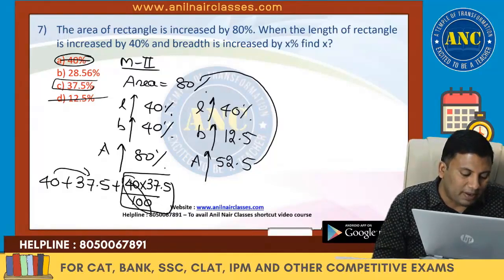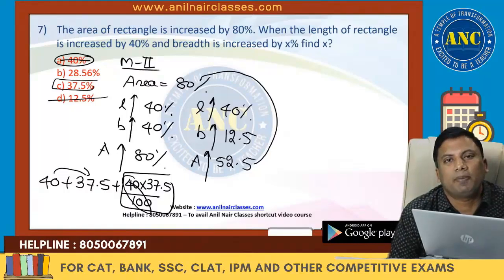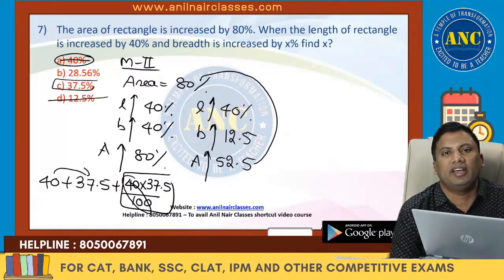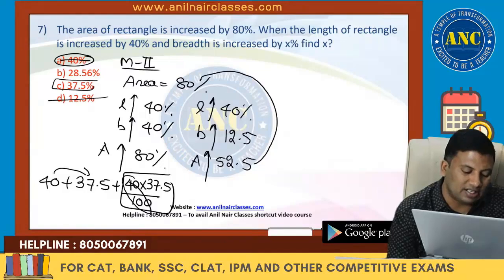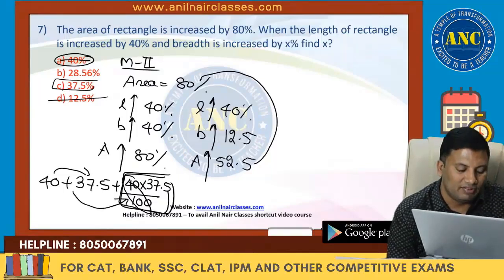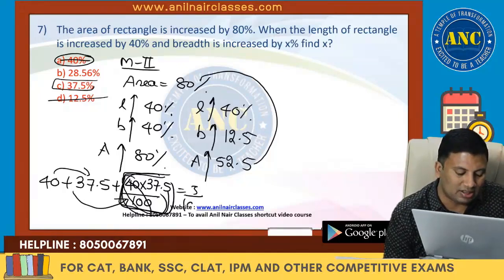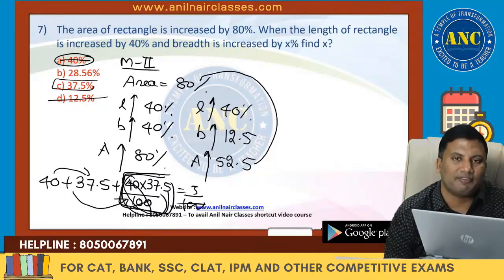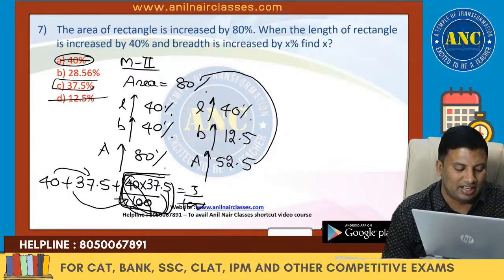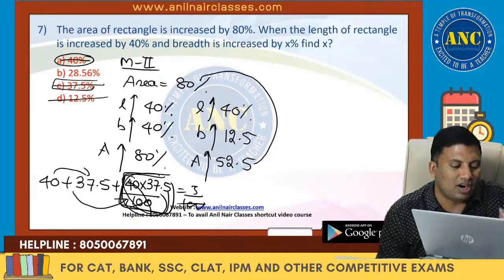This is 40%. What is 50% of 37.5? 18. 40% is probably 4 into something. Can this value give you 3? This has to give you 3, right? This cannot be 3. Are you all with me? This 3 means it is becoming 3 by 100. 40 is much greater than 3. So obviously this cannot be the answer.